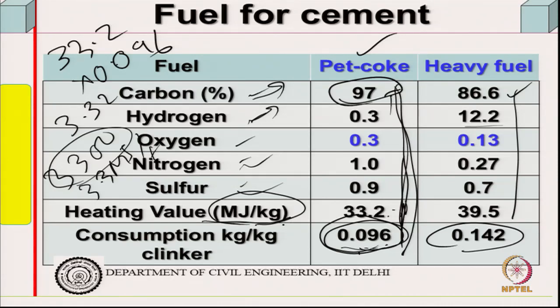I mean this heating value is the heating value per kg of this pet coke. So, I need 0.096, and multiplying these two, I will get 3.32 megajoules, because this is how much I require for 1 kg of clinker.